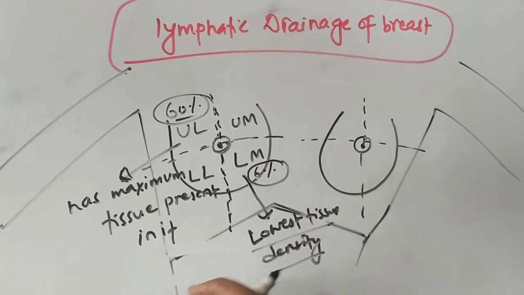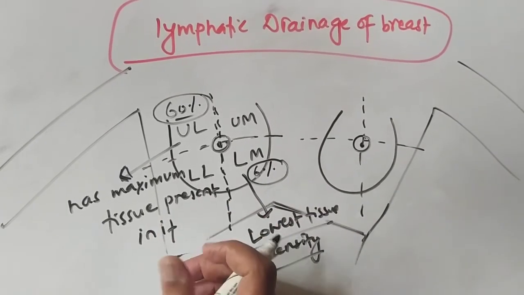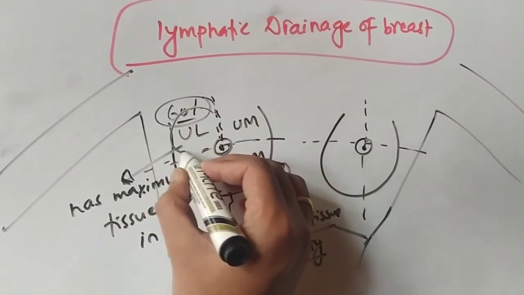So that is why most of the lumps or any carcinoma will arise from the upper lateral quadrant.